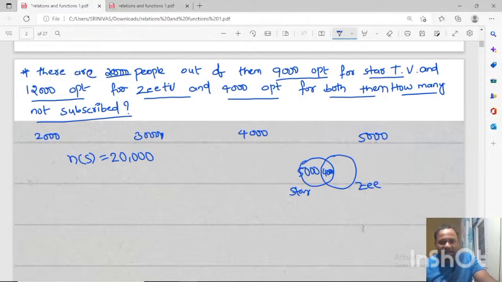Okay, here GTV how many? 12,000. Among them already 4,000 means total 8,000 will be there. So here 5,000 only for Star, 8,000 only for G, 4,000 for both Star as well as G channel.